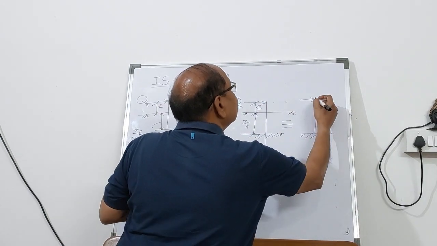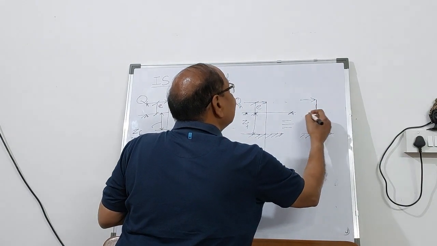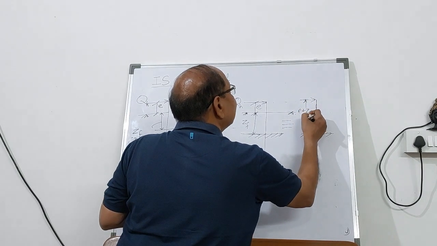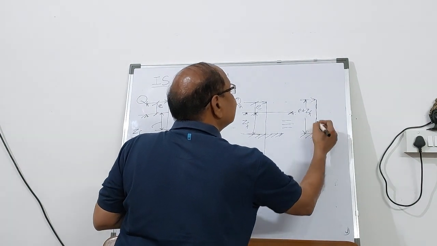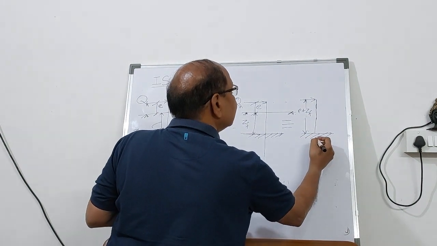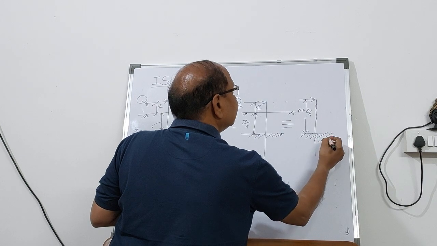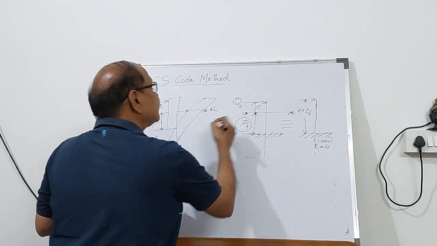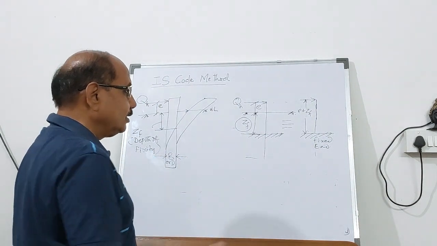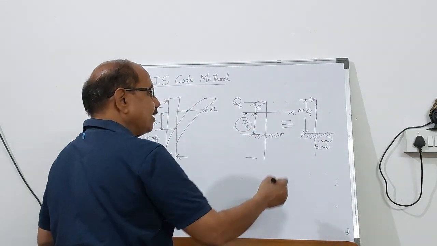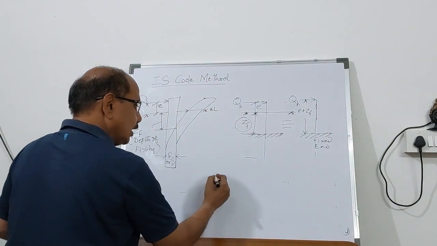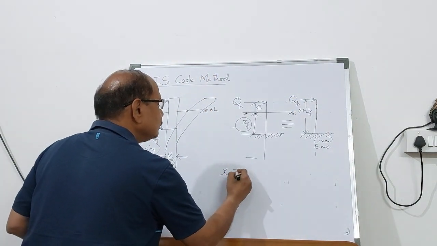So the total length of this cantilever becomes E plus ZF. So this becomes a cantilever. You have found out the depth of fixity from the chart, and you know E plus ZF, you know QH, and therefore you can find out the deflection.